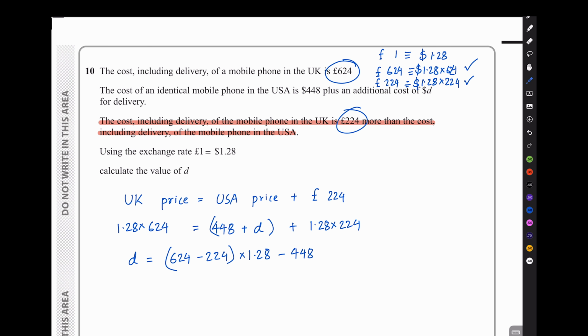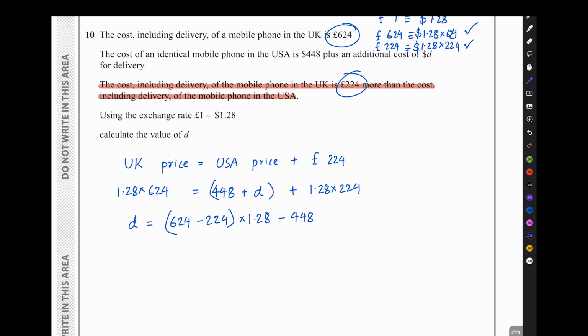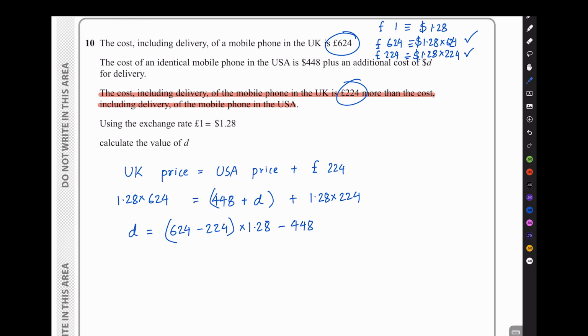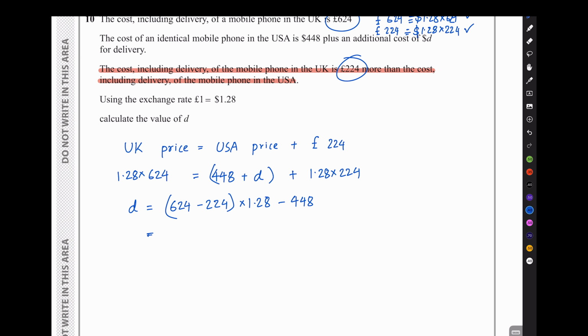These are some time-saving tips I can give you right now. It's just going to save you like 3 seconds, but anyway, every second counts. So D comes from 624 minus 224 times 1.28 minus 448, which gives me 64. Yeah, that's the value of D.